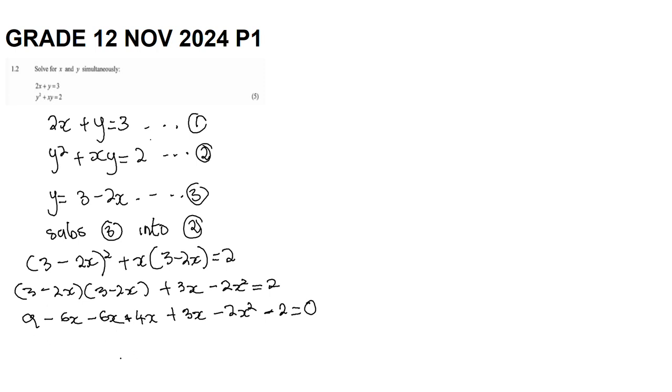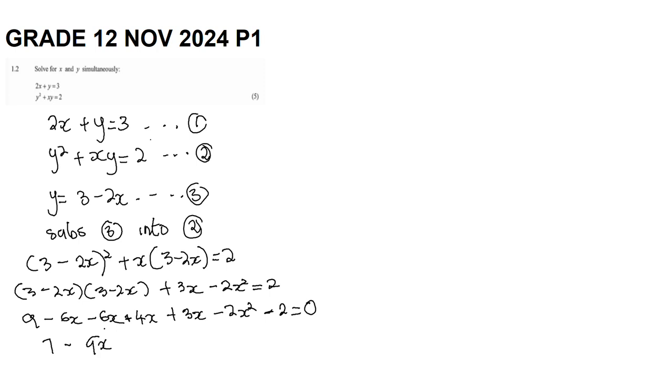Now we just add the like terms. You have 9 minus 2 here, which is 7. Then you have negative 6x minus 6x plus 3x. Negative 6 minus 6 is negative 12, plus 3. Negative 12 plus 3 is the same as 3 minus 12, which is negative 9x, guys.